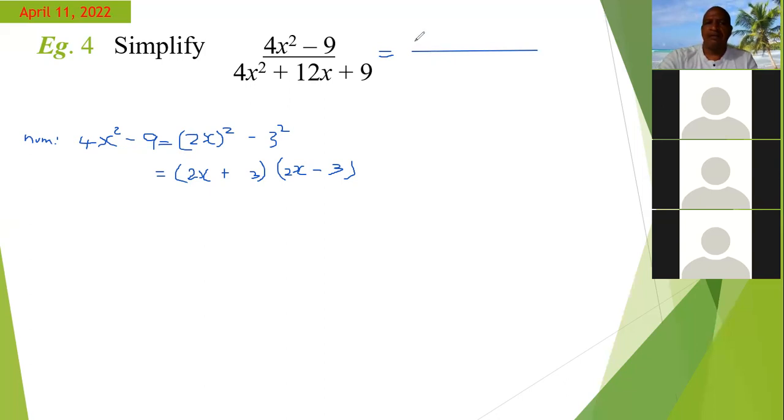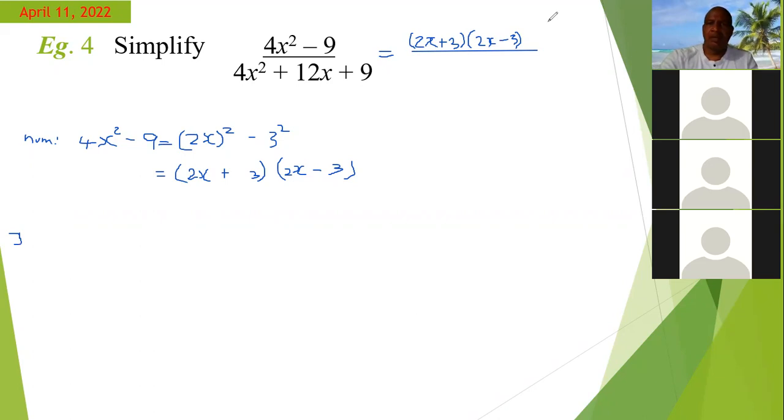So we would have 2x plus 3 in one bracket and 2x minus 3 in the other, sir. All right, let us now factorize our denominator.